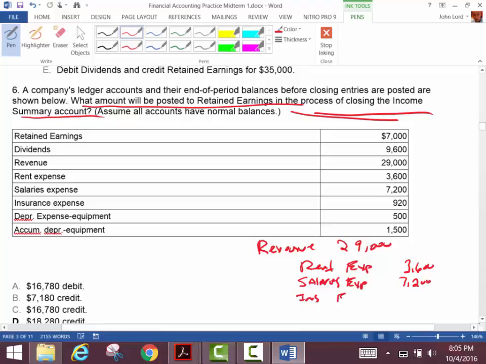Insurance expense 920. Thank you. How about my insurance expense? Oh, I got it. 920. How about depreciation expense? Got to close that. Depreciation expense, got to close that for what, 900? 500? Anything else that needs to be closed here into income summary?